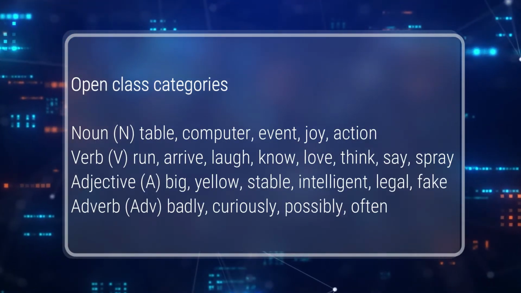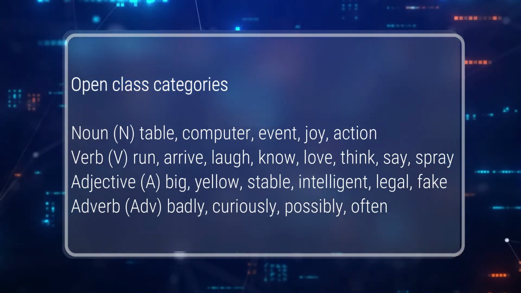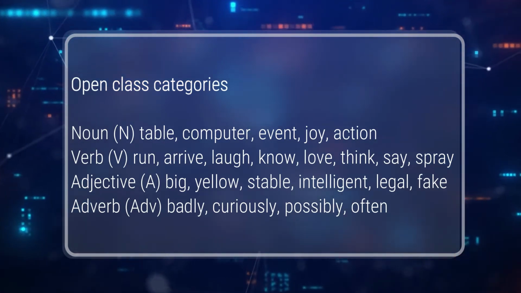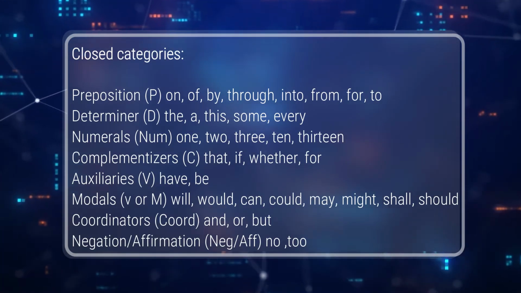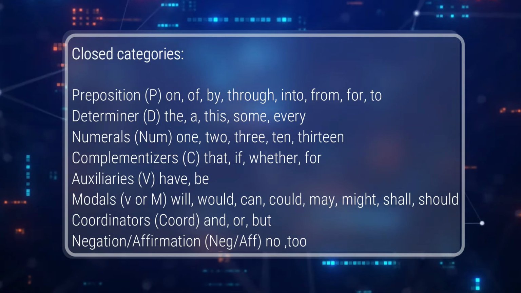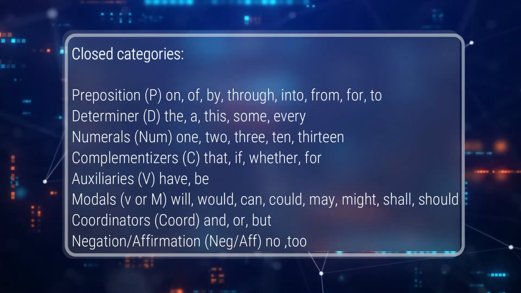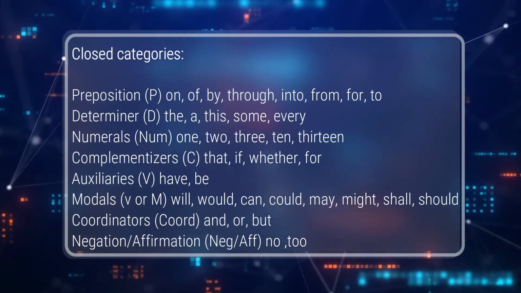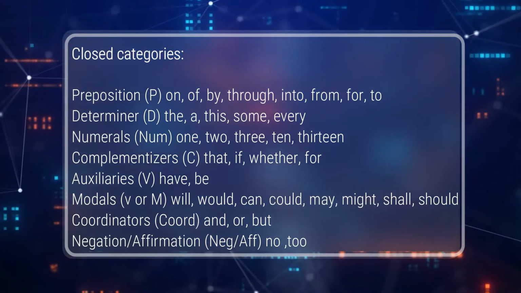In open class categories, new words can be freely created, such as nouns, verbs, adjectives, and adverbs. Closed categories include prepositions, determiners, numerals, complementizers, auxiliaries, modals, coordinators, and negations or affirmations. Each of these categories will need to be defined.